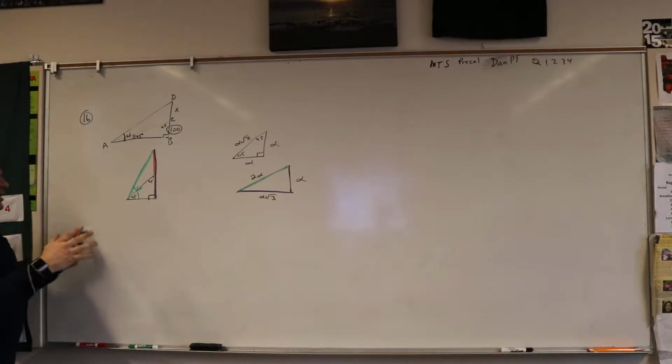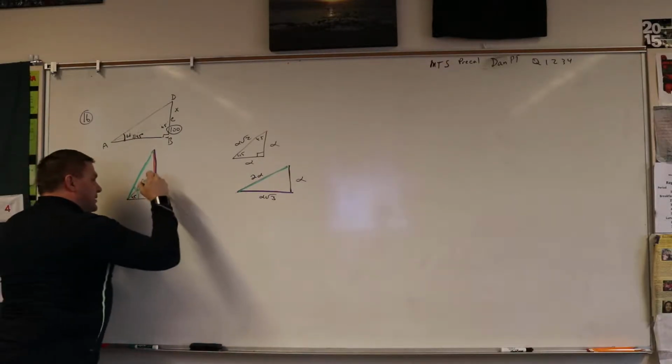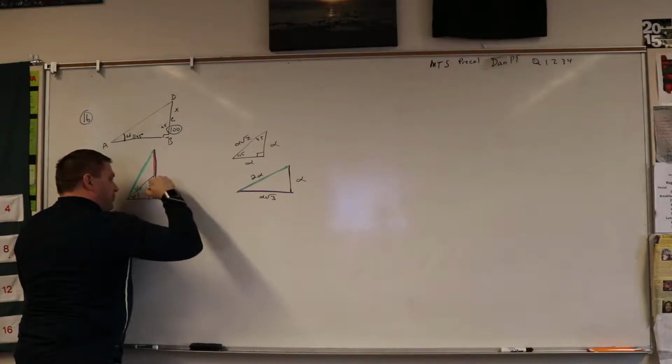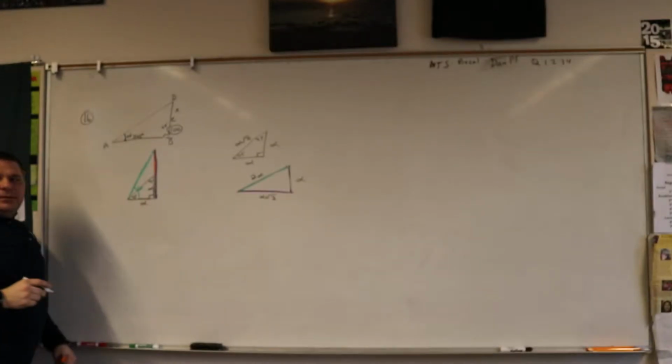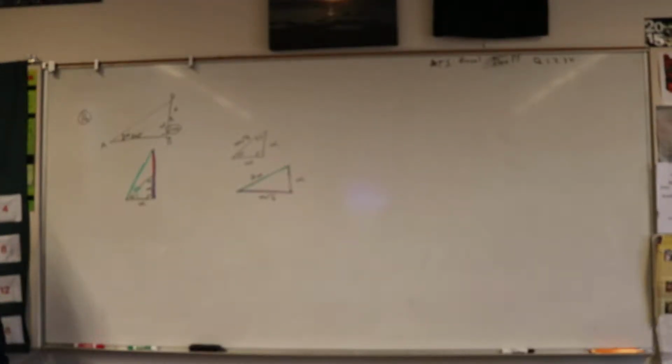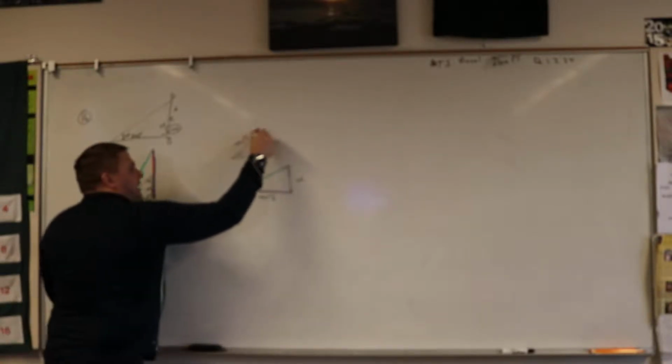Now, we also know that because this is 45-45 right here, because this is 45, right? And this is 45, that this is alpha, and this is alpha, right? And because this is alpha and alpha, then this diagonal right here is alpha square root 2. Does that make sense? Yeah.